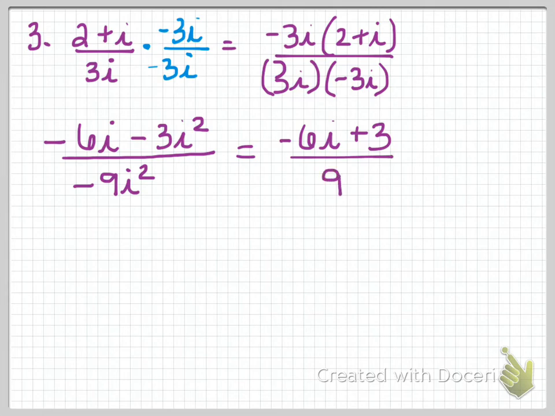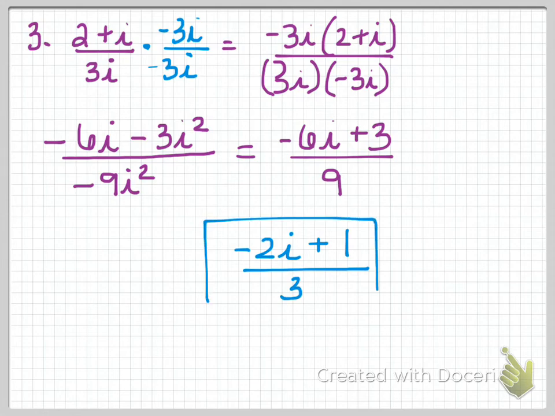And when we divide each part of this fraction by 3, negative 6i divided by 3 is negative 2i, plus 3 divided by 3 is 1, all over 9 divided by 3 is 3. And that is our final answer.